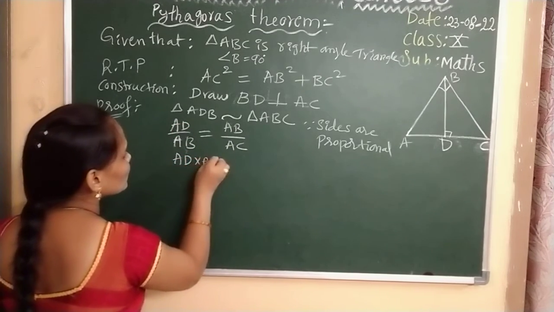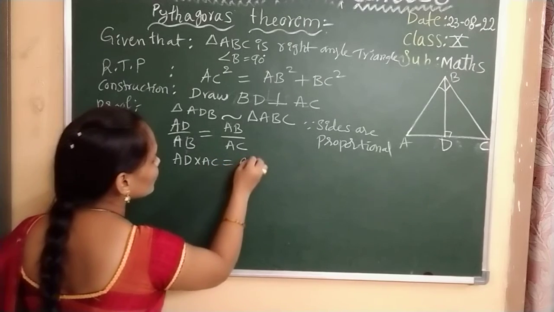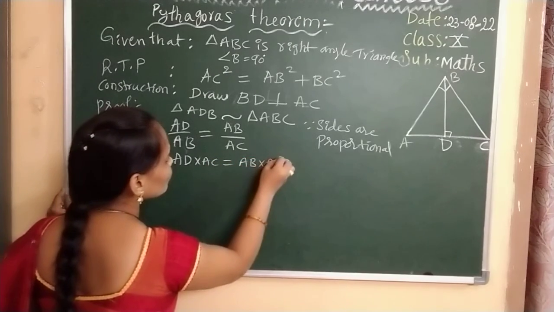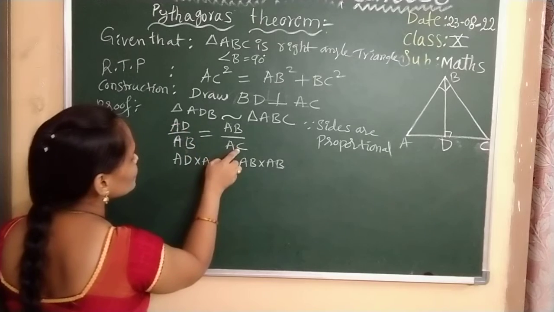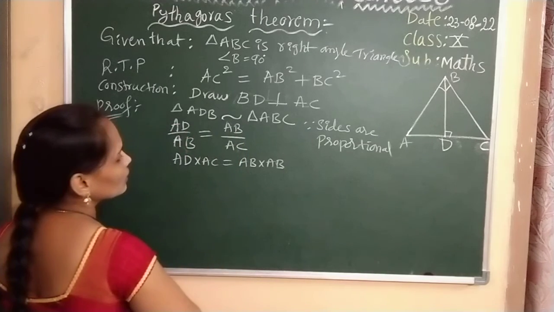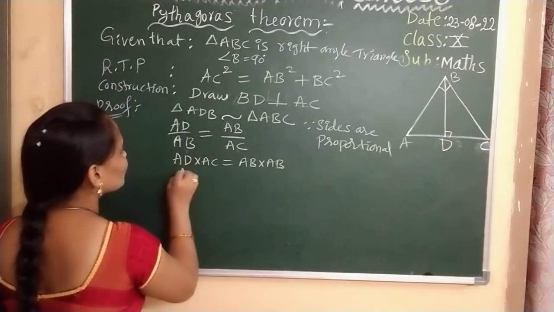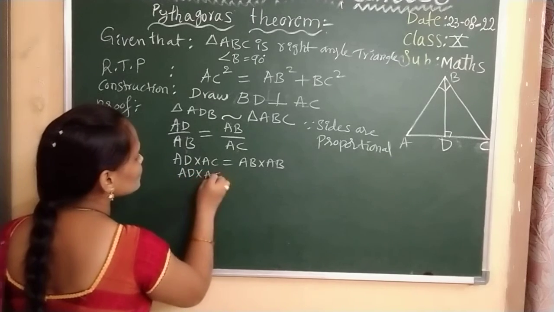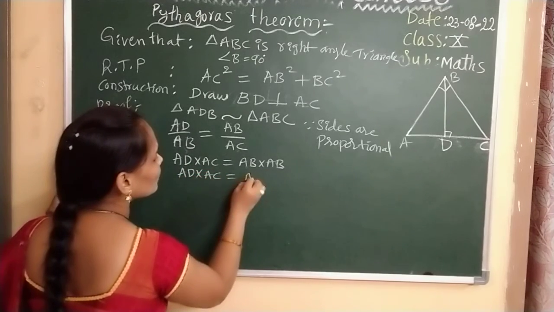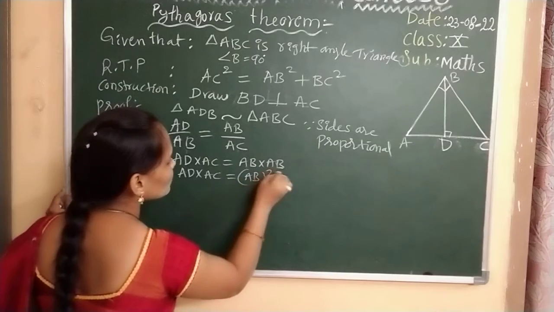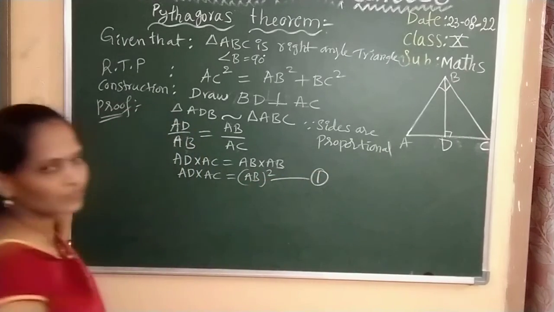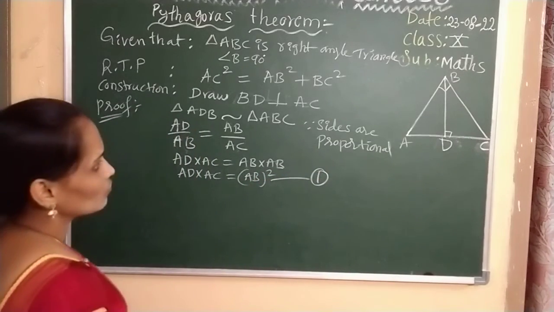AD into AC is equal to AB into AB. AD into AC is equal to AB whole square. Yes or no? So let us take this as equation 1.